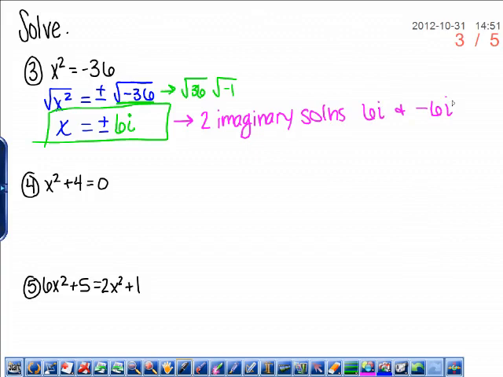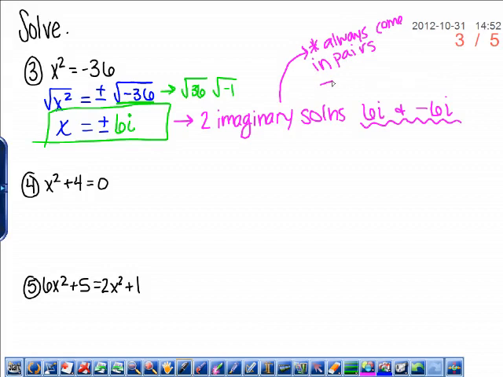A quadratic either has two real solutions, one real solution, or two imaginary solutions. Imaginary solutions always come in pairs. And those pairs are always the complex conjugate.